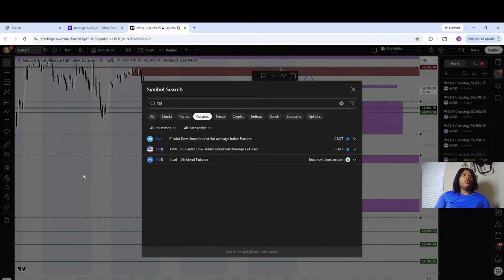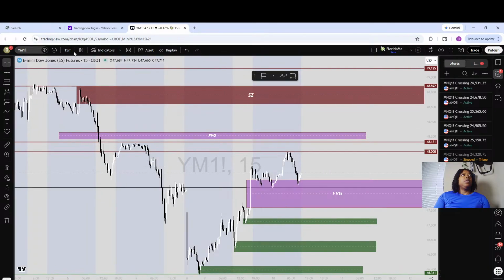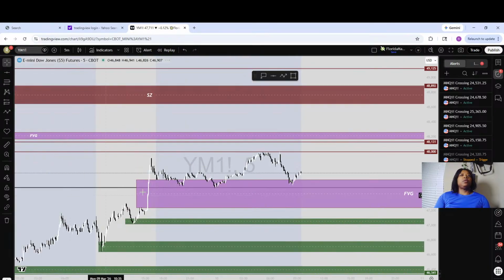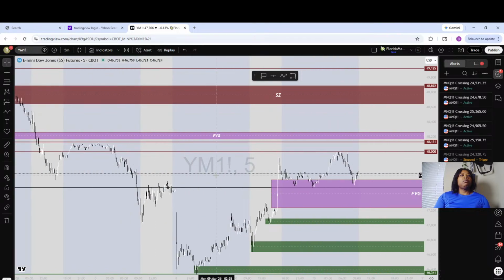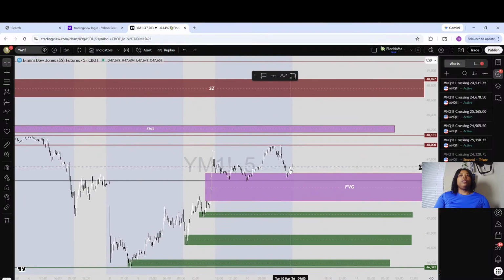Market is about to open, so I'm going back to my YM chart. For YM, I trade on the 5 minutes. So my thesis for YM is that we run up to this area of resistance. We run up to this area of resistance here.